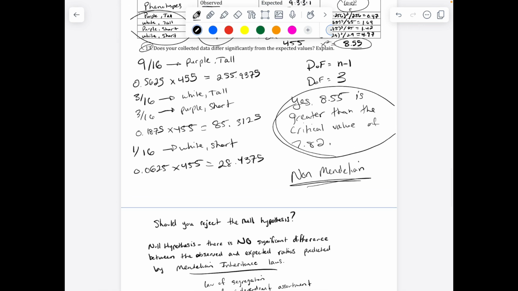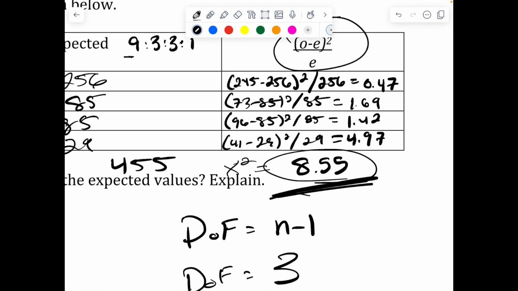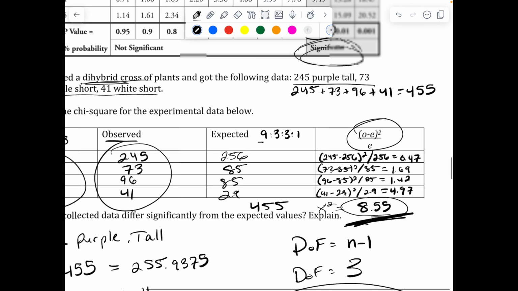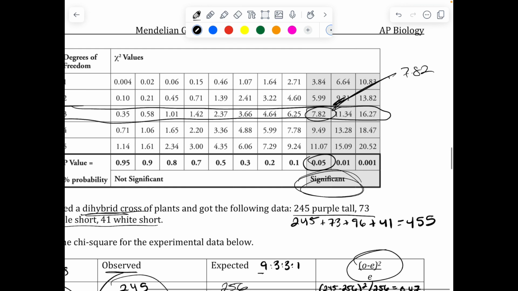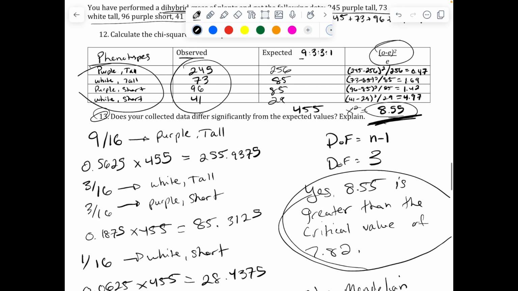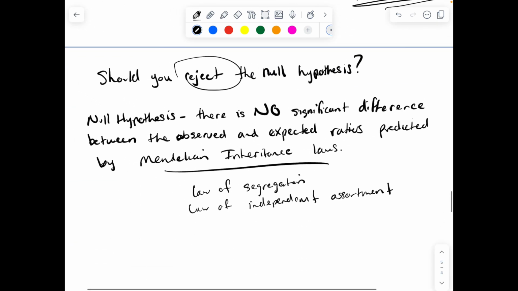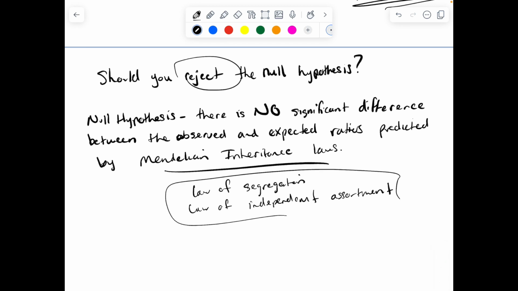So in our problem above, should we reject? Yes, we should reject. And we would reject because our value is greater than the critical value. So we would reject because it's not following the laws of Mendel.